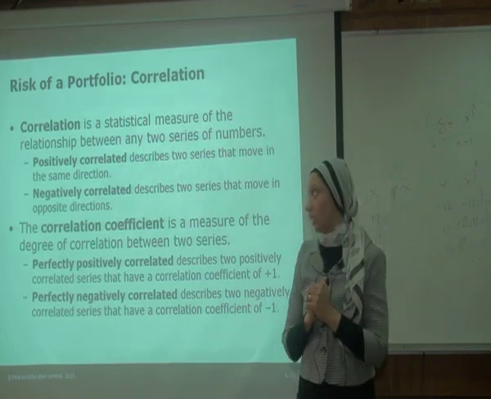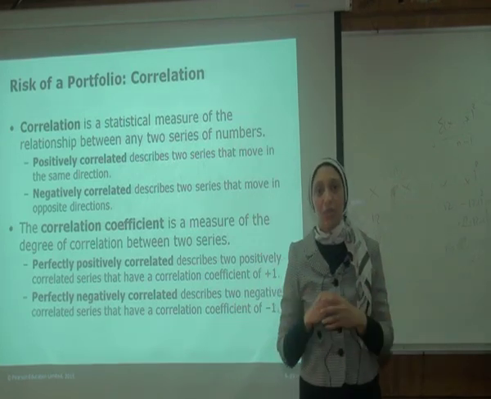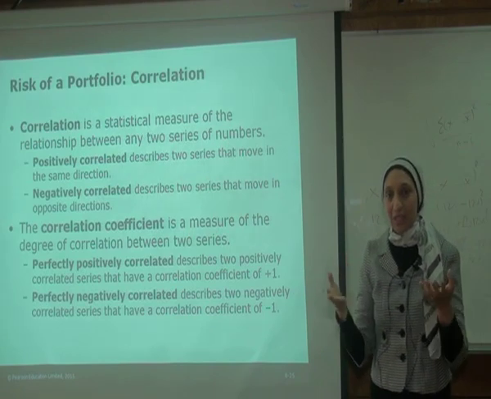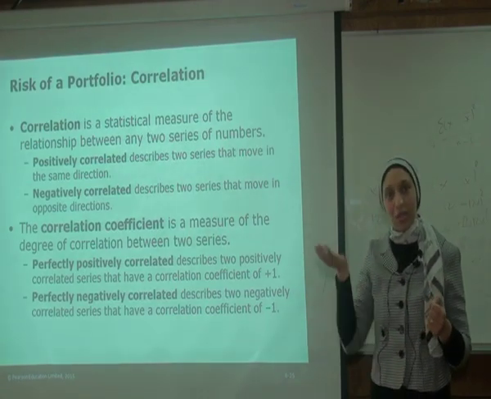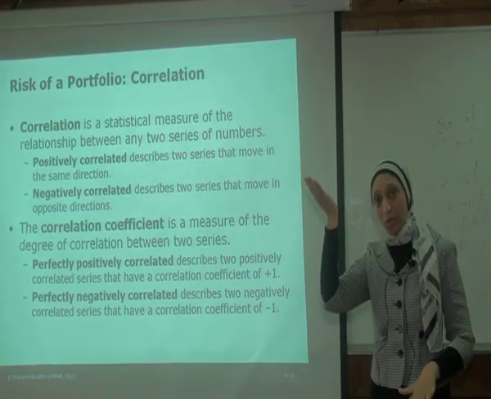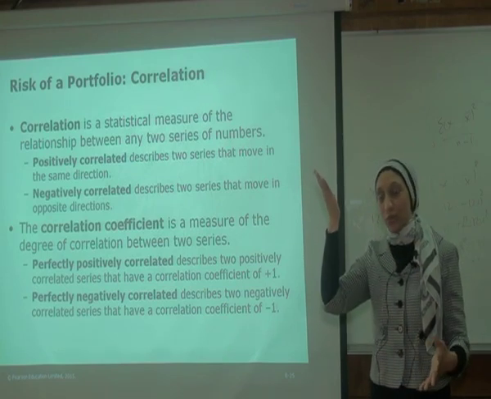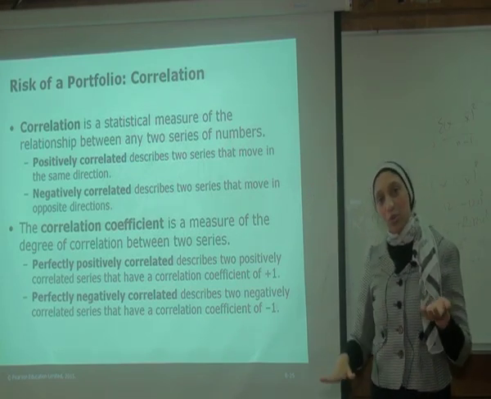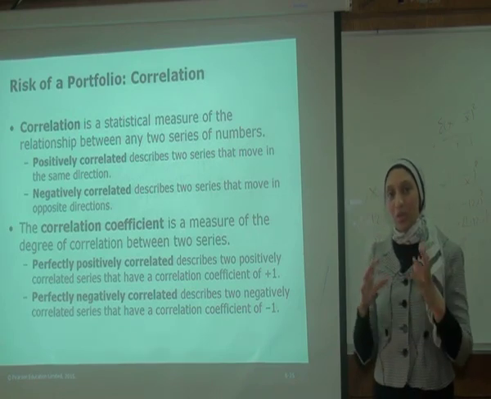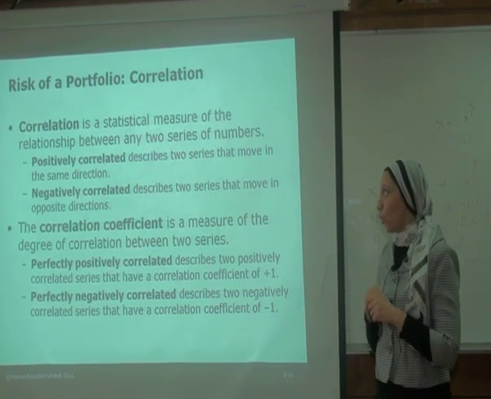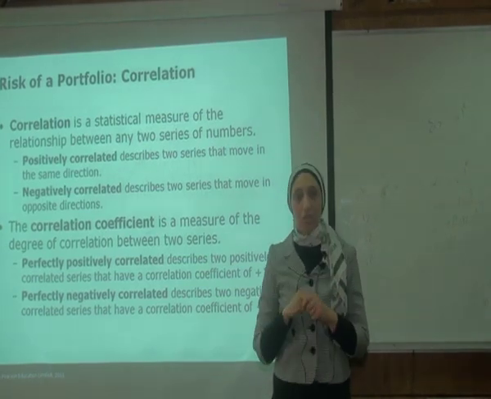This is positive correlation. If the correlation is negative, this means that they are negatively correlated, meaning that if stock X rises, stock Y will fall. They are negatively correlated, and of course vice versa. If stock X falls, stock Y will rise. This is negative correlation. Or uncorrelated stocks.